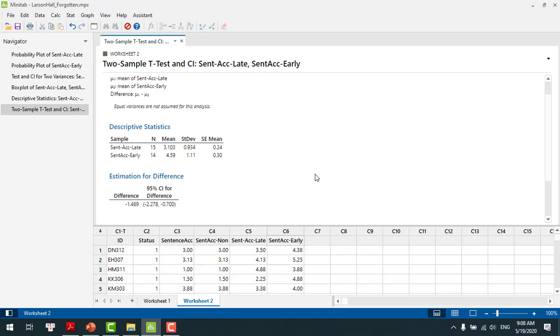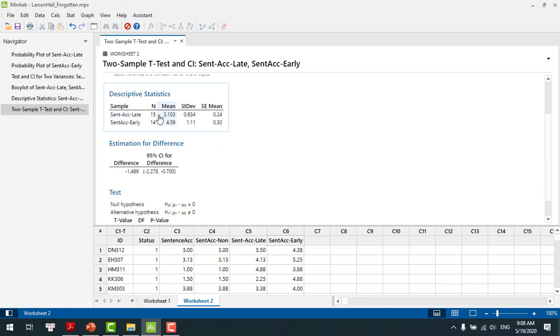And here we have again the little summary with the different means and the standard deviations. Notice that here we get the confidence interval for the difference. Notice that the interval does not go through 0. Okay, if the interval does go through 0, remember, yes 0, yes H0. Now on the other hand, if we have no 0, that means no H0. So that means that there is going to be a significant difference.